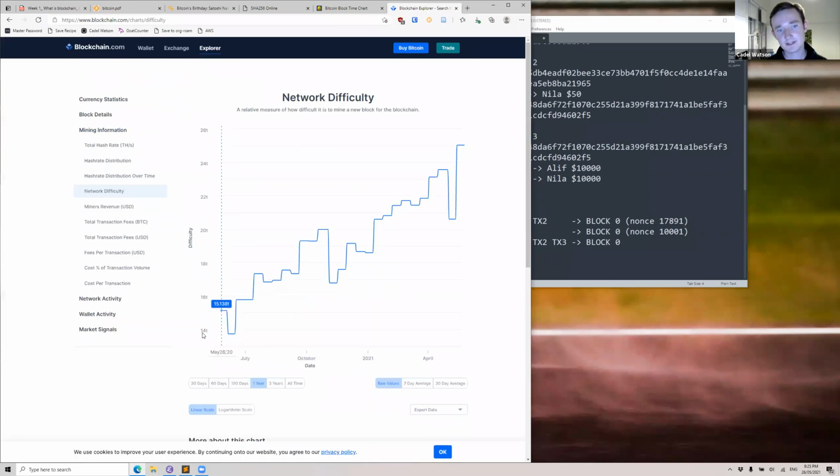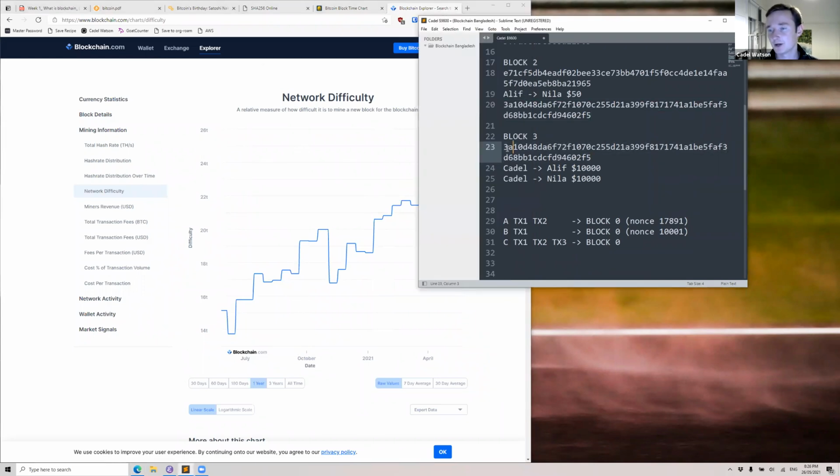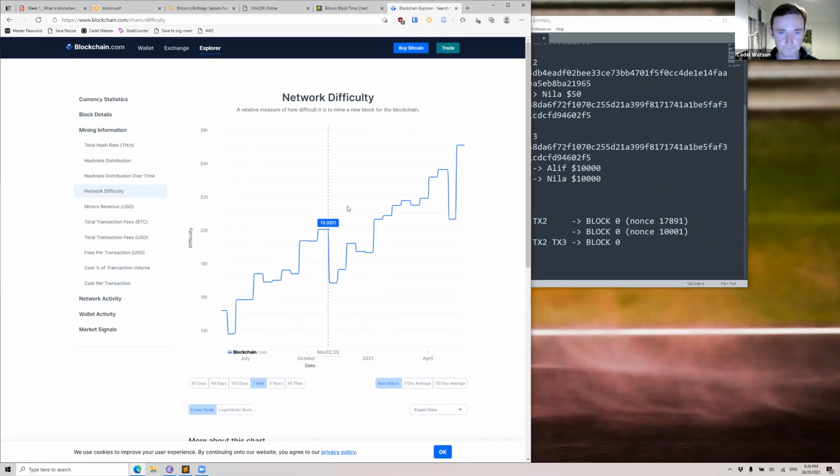We can see that we're increasing the difficulty of finding a block over time, so that the graph of the computer power and the graph of the difficulty cancel each other out, and we end up with that flat 10-minute-ish block time. And so by increasing the difficulty, we're essentially saying we need you to find more zeros at the start of the hash, from 0 right at the start up to like 18 now, or whatever it is.